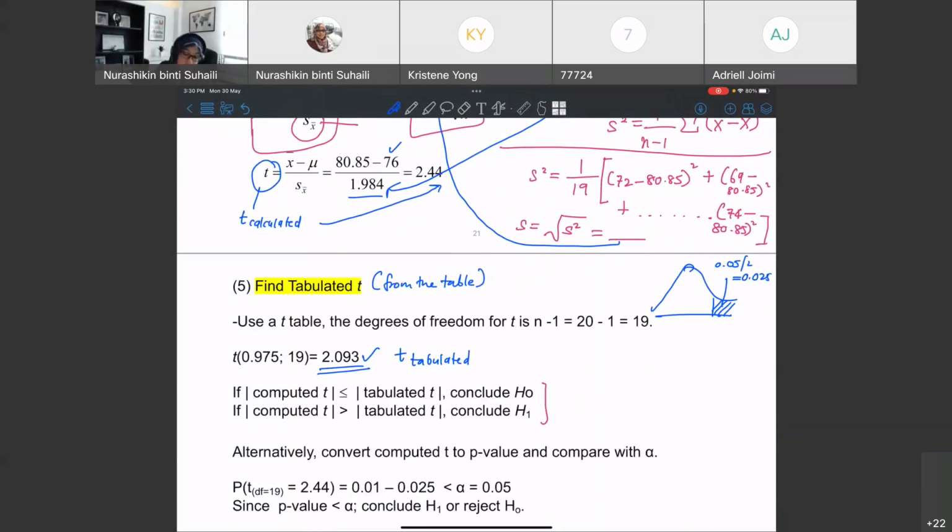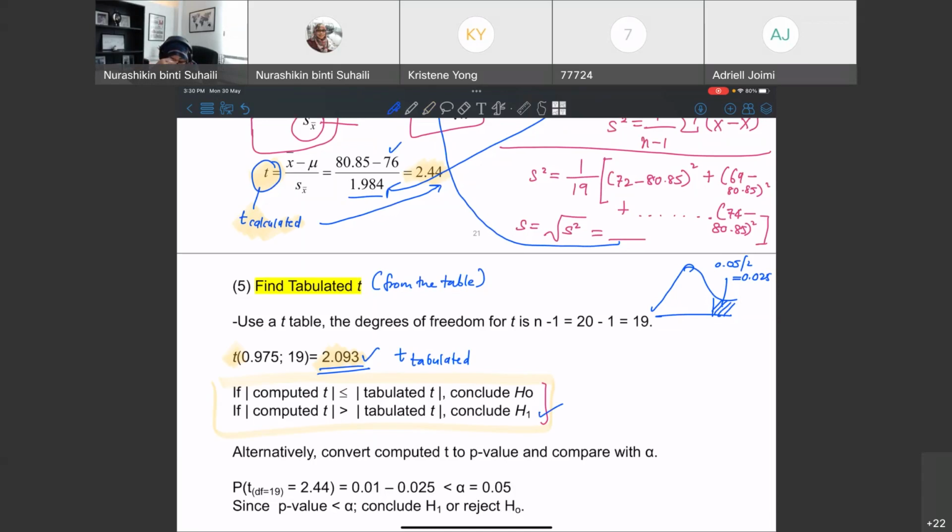And what you have to do with the t tabulated and t computed just now, you compare based on these rules. Yeah, these rules. So your t calculated is 2.44, whereas the t tabulated is 2.093. So the calculated is greater than the tabulated, so it falls under the second situation. Yeah?